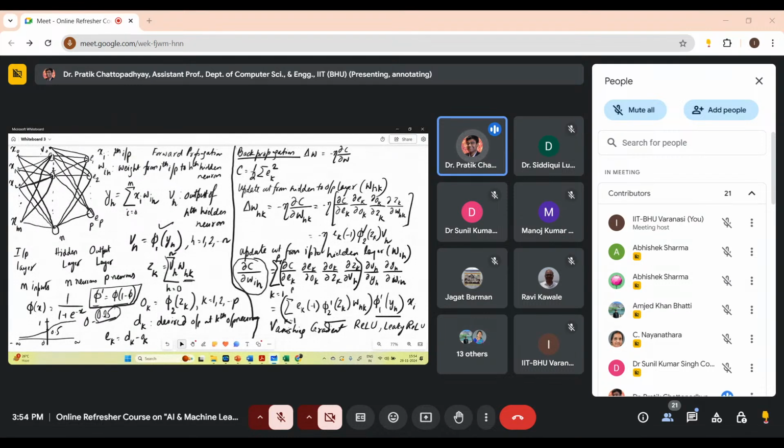It does not lead to vanishing gradient. At the final output layer, we can use sigmoid, but before the output layer, in the other layers, if we use ReLU or leaky ReLU, it avoids this, or it can effectively tackle this vanishing gradient issue.